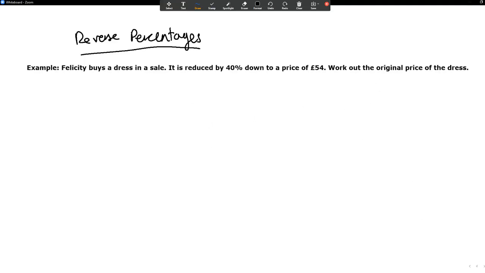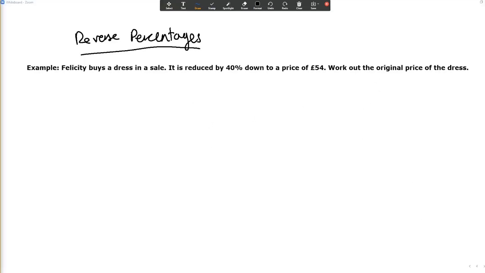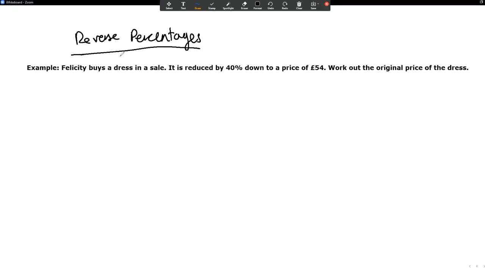Okay, now the hardest part about percentages is normally reverse percentages. So reverse percentages are when you have the value that you end up with, and you also have the percentage change, but you don't know the original, and you want to go back to the original. So here it says that Felicity buys a dress in a sale.